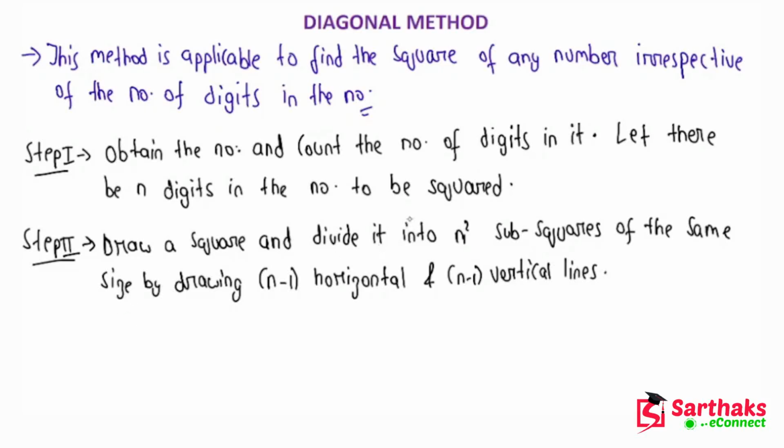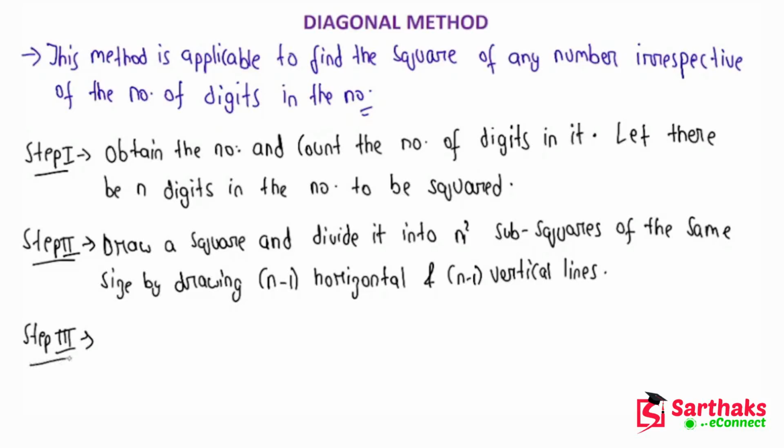Right, so we will make a square. Suppose you have a 3-digit number, so this basically says that you have to make 9 squares. Okay, 3 square is 9. If you have taken a 4-digit number, you have to make 16 squares or 16 subsquares. Okay, so that is basically what the method says.